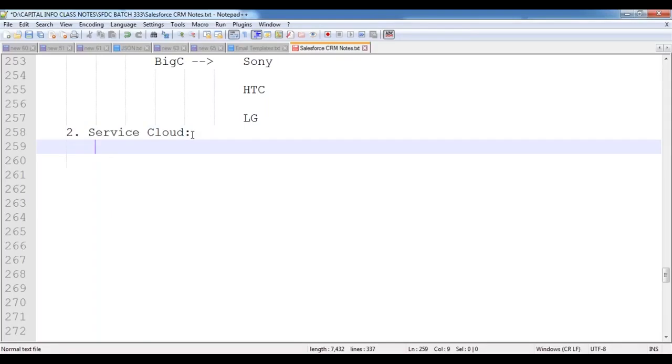By using these Service Cloud features, we can automate all the processes which we are following upon giving the services to the customer. I will explain what kind of processes one by one. So Service Cloud features are used to automate all the service processes which we are following inside our organization while giving the services to the customer.